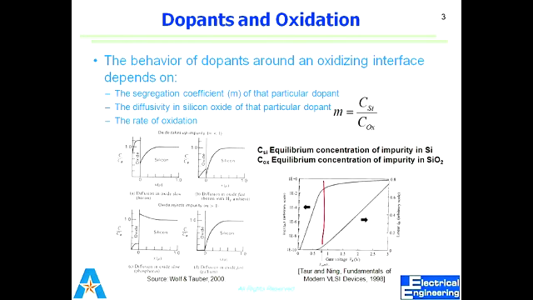Okay, the second thing is about the dopant, or we call it impurity. The dopants or impurities at the surface of silicon. I'm talking about the surface of silicon. If you remember, we have silicon. If this is the surface of silicon, this is silicon dioxide that would be grown.